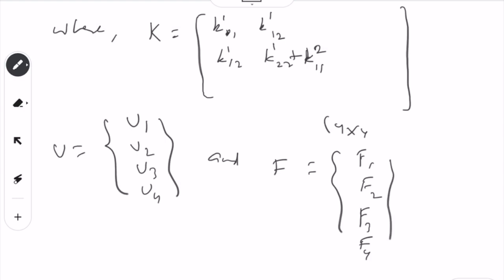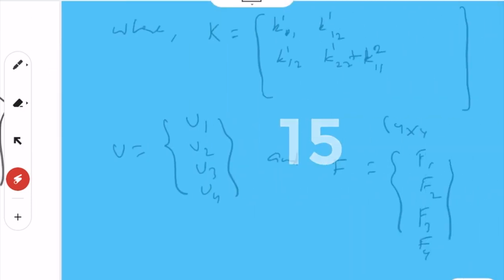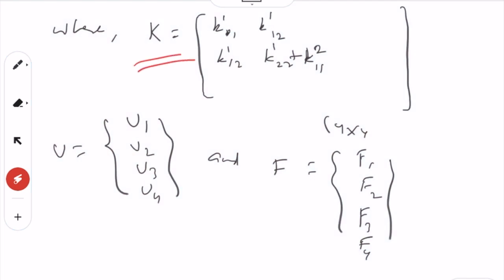Okay. So, this is the advantage: if you write in this format, we get a matrix system, the same thing that we got in chapter 2, and hence we do it like that.